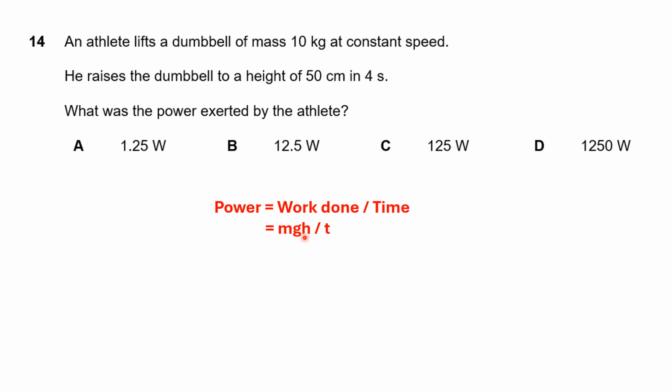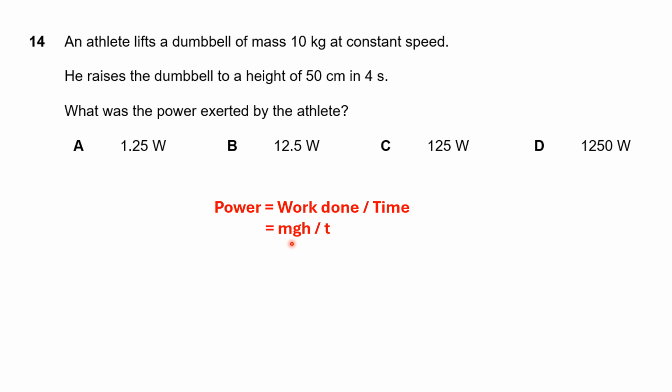Another mistake that students might make is forgetting that 10 kg is just mass. This does not give the force. Some of you might have used a different formula for work done, that being force times the displacement or the distance traveled in the direction of the force. But 10 kg is not the force. The force is weight. So you have to actually multiply by 10 newtons per kilogram to get 100 newtons.